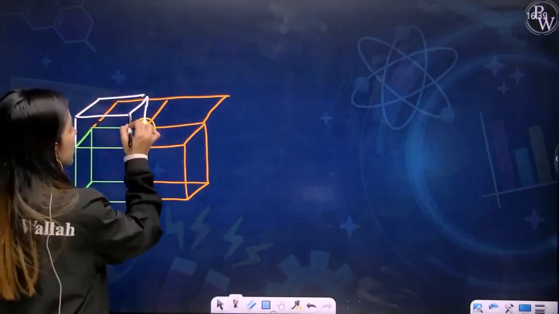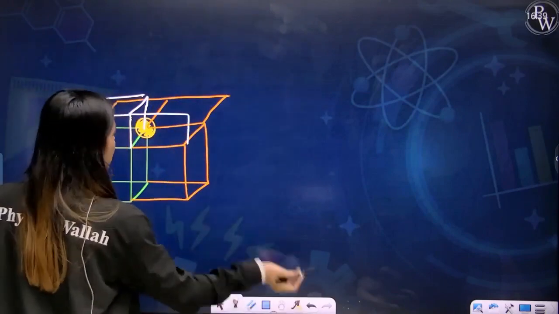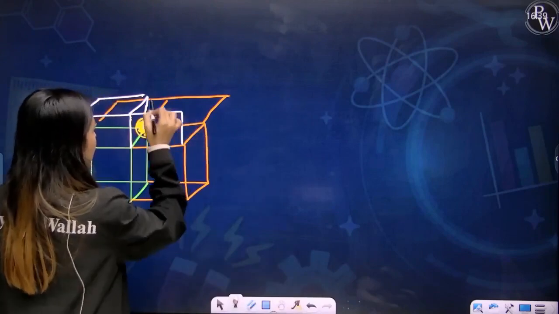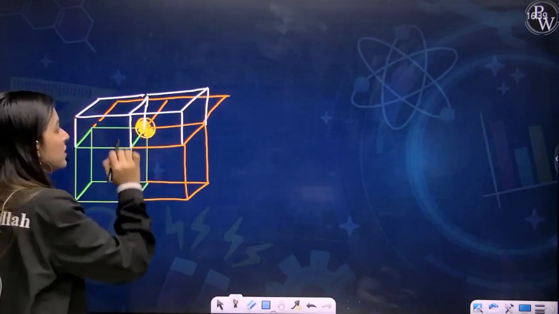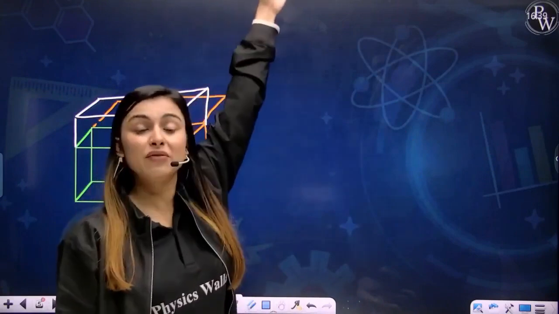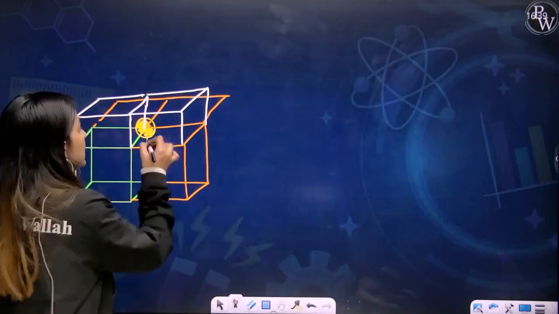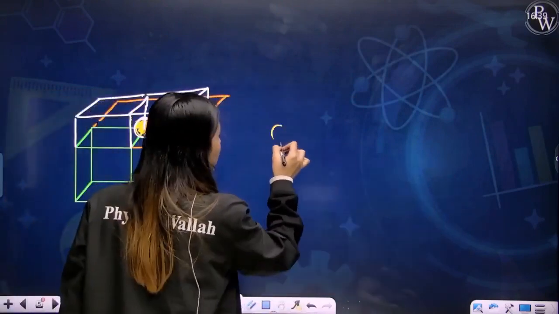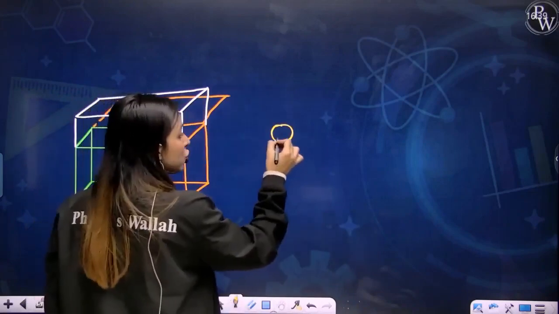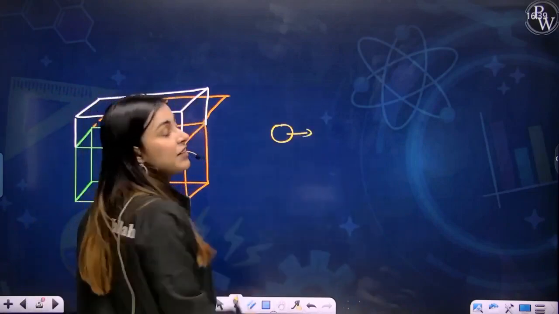Similarly, there will be a room adjoining this as well. Also the 2 rooms behind will have 2 rooms above them. So I can say that this one particular atom is actually divided in 8 different rooms.